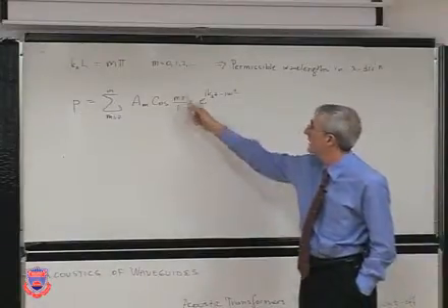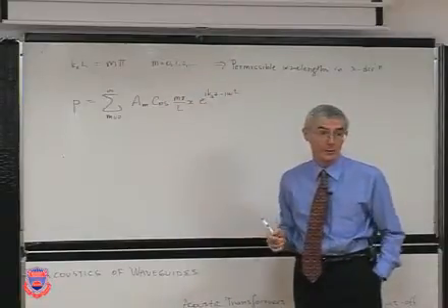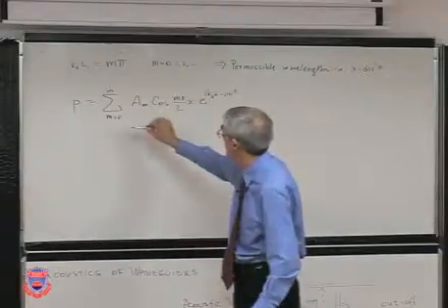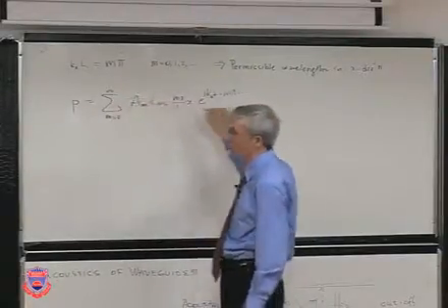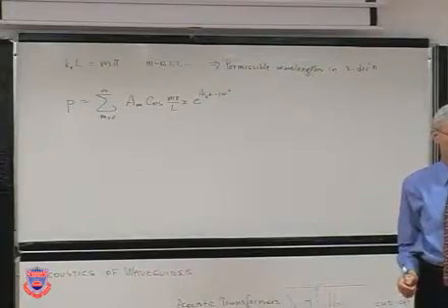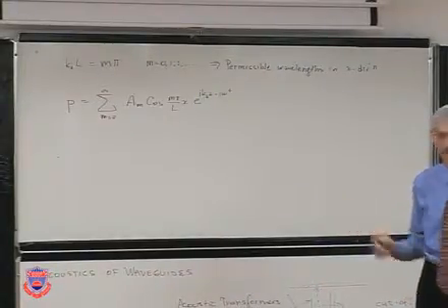And so not any old wavelength can go through, and it has to be one of those. And this is now a summation of all the possible wavelengths, okay? Any questions so far? You follow all these? Okay.